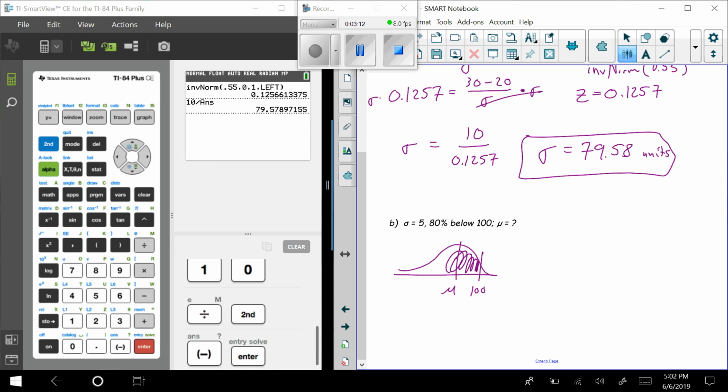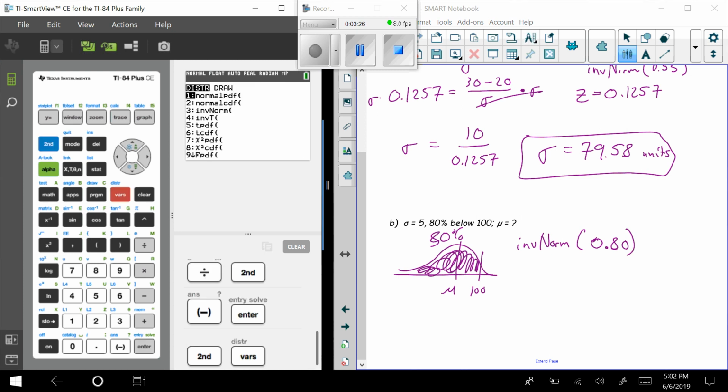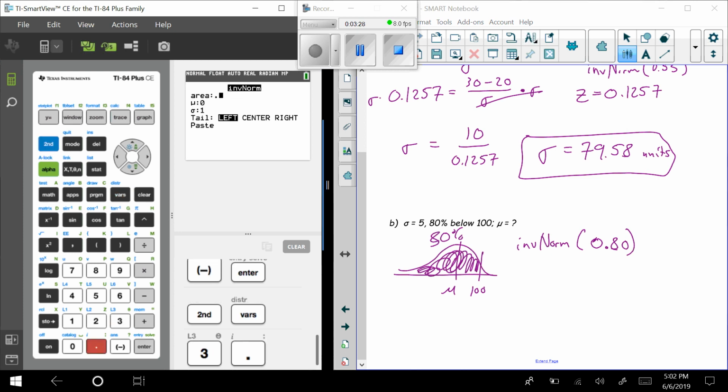This part that I'm shading, right, is the 80%, which means I'm doing inverse norm of 0.80. All right, so I do second, vars, right, 3 again, 0.8.